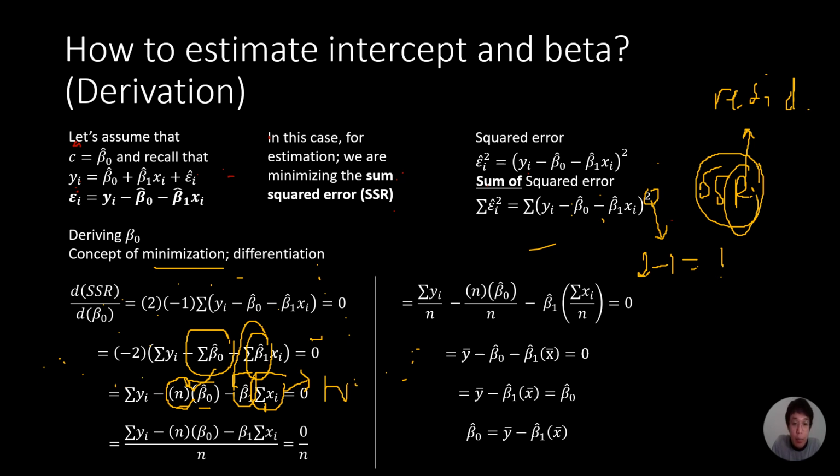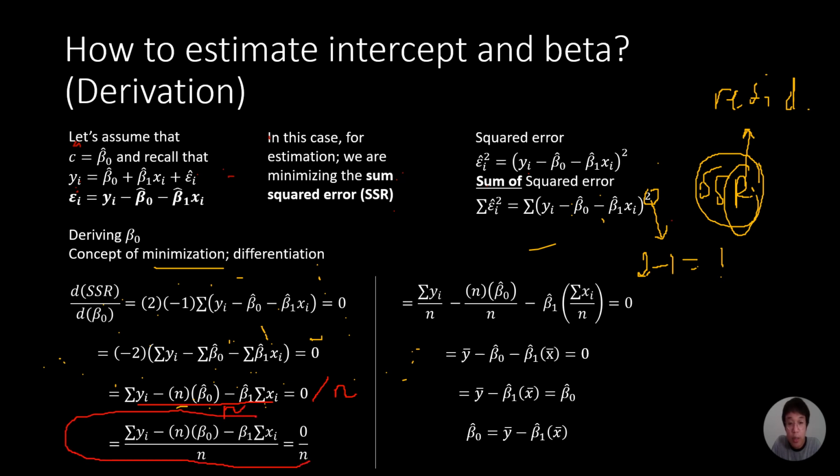So let's get a bit more creative in this part. I would like to divide this 0 with n, the sample size, and then of course consequently you need to divide this part by n as well, which is just all expressed here.